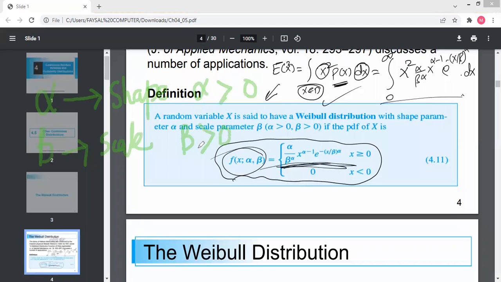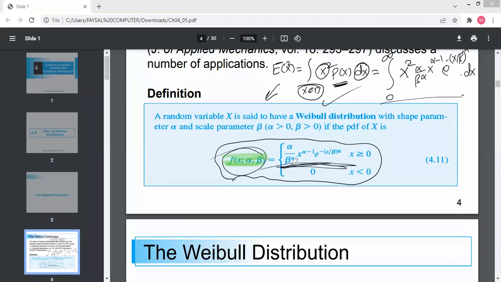So to find the function of x with alpha and beta, as I said, alpha and beta are the shape and scale parameters.